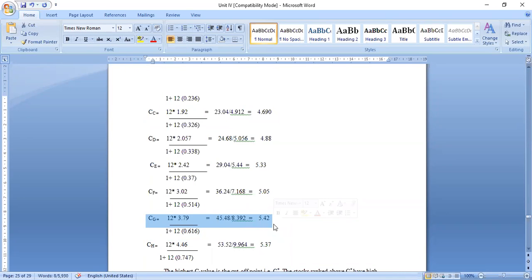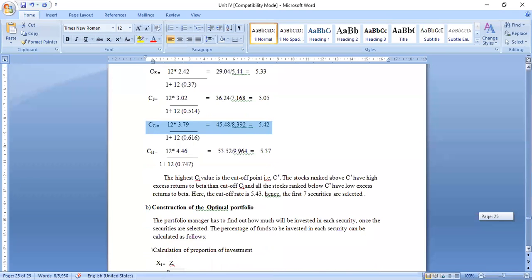This 5.42 will be taken as the cutoff rate, and all the values above this cutoff rate, right from security A up till security F, including this C star, will be taken into consideration for selecting the optimal portfolio. And all the values which are below, after the cutoff rate, it means the values are falling, so we are not going to consider these values. So all the values above the cutoff rate should be considered.